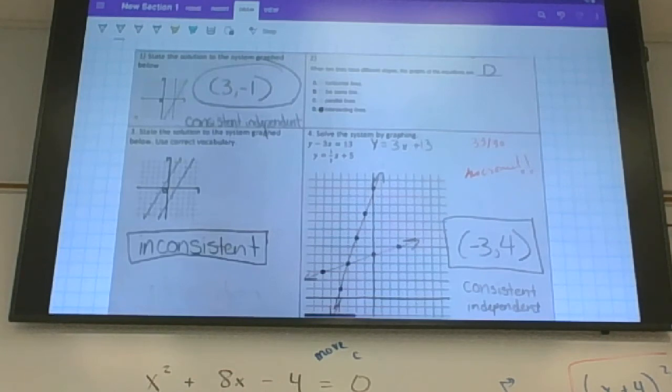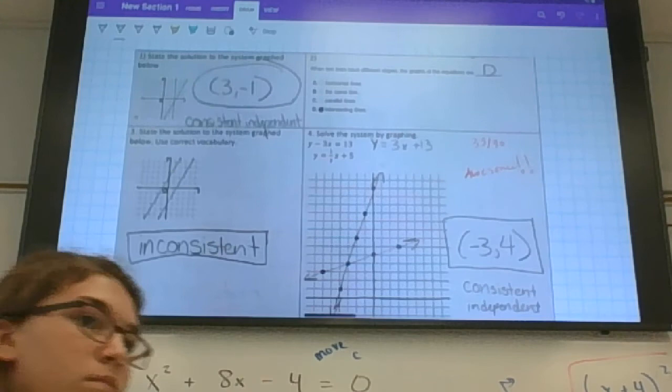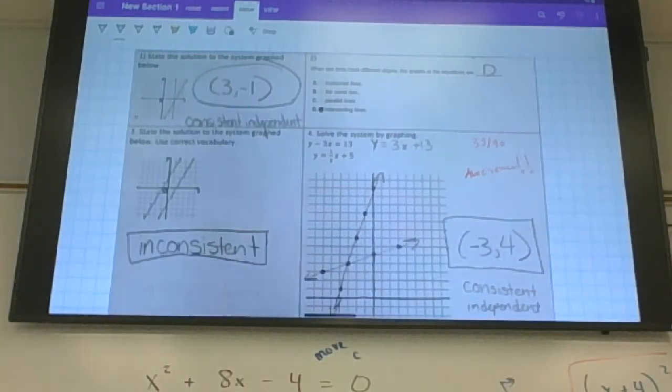Any questions on 1 through 4? Any questions? I got that question right. Let me know if you want to, if you did this and this, or I missed a certain point, you let me know.